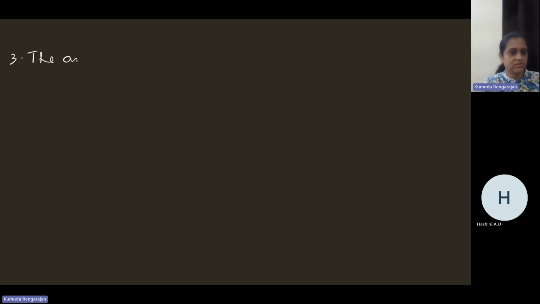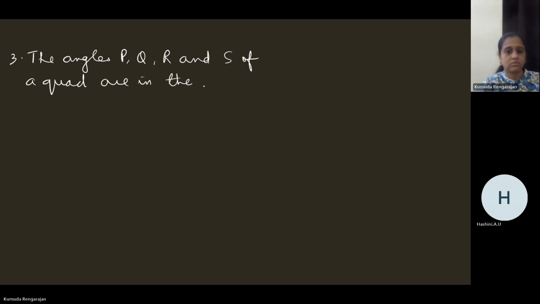The angles P, Q, R, and S of a quadrilateral are in the ratio 1:3:7:9.